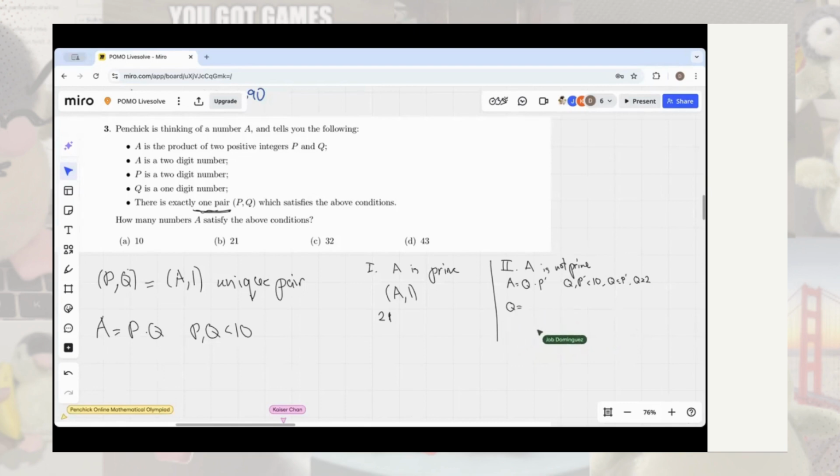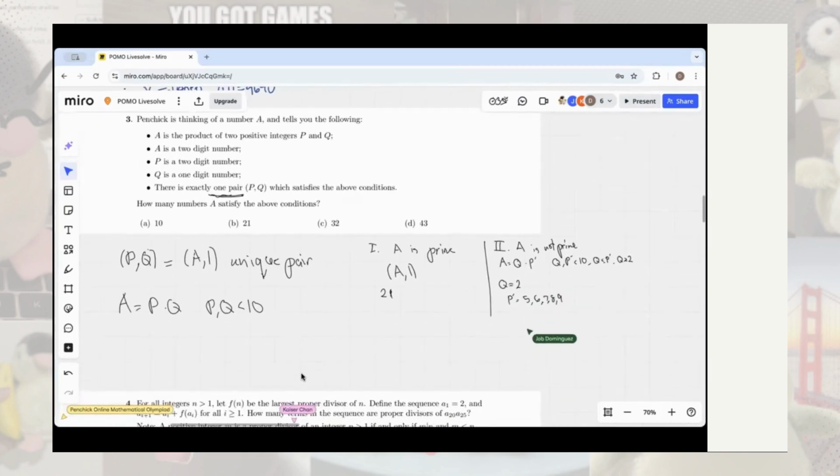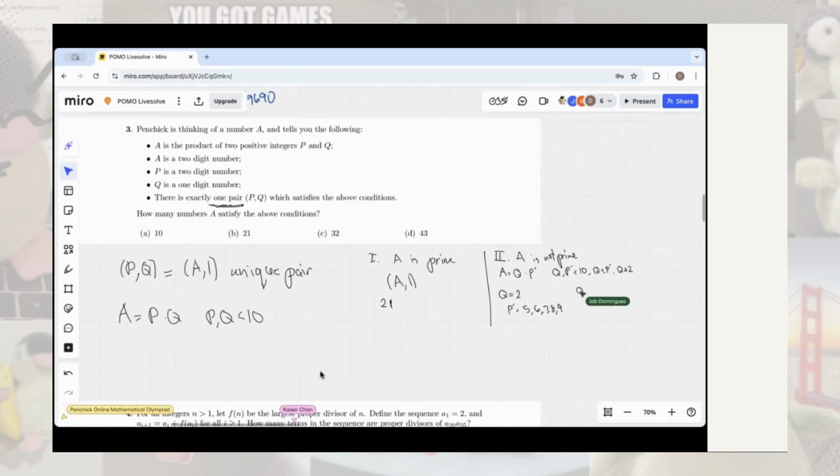So let's start with 2. P prime, what works are 5, 6, 7, 8, 9. Then Q equals 3. What works, I'm pretty sure, was 5, 6, but we already counted 6 from 2 times 9, so we don't have to double count it.